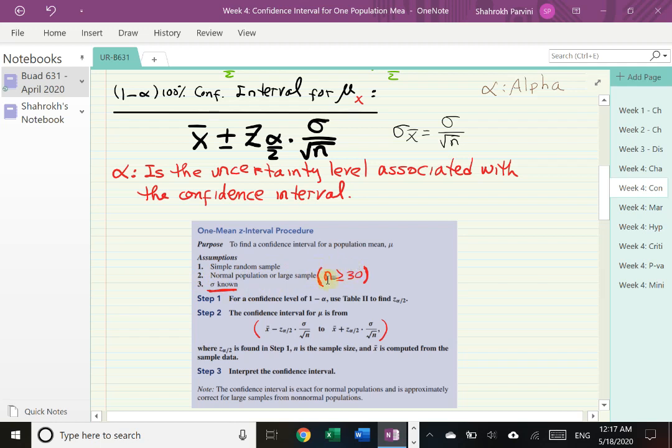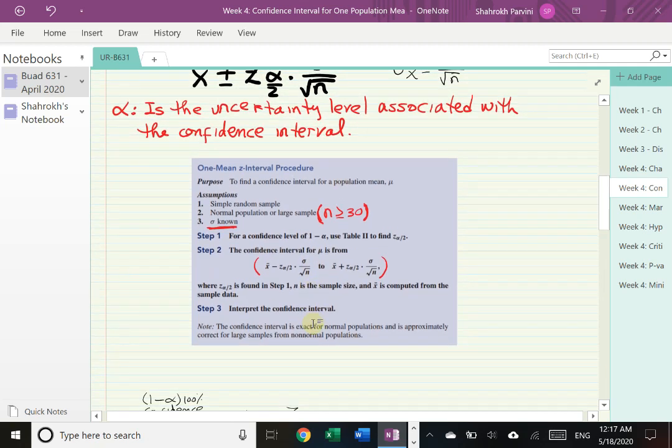Remember, large doesn't have to be in the hundreds or thousands. For central limit theorem, 30 is large enough. And finally, the assumption that sigma is known. The formula you see here is precisely the formula I have up there. Your confidence interval is going to be exact if you do sample from a normal population. Otherwise, it's approximate.